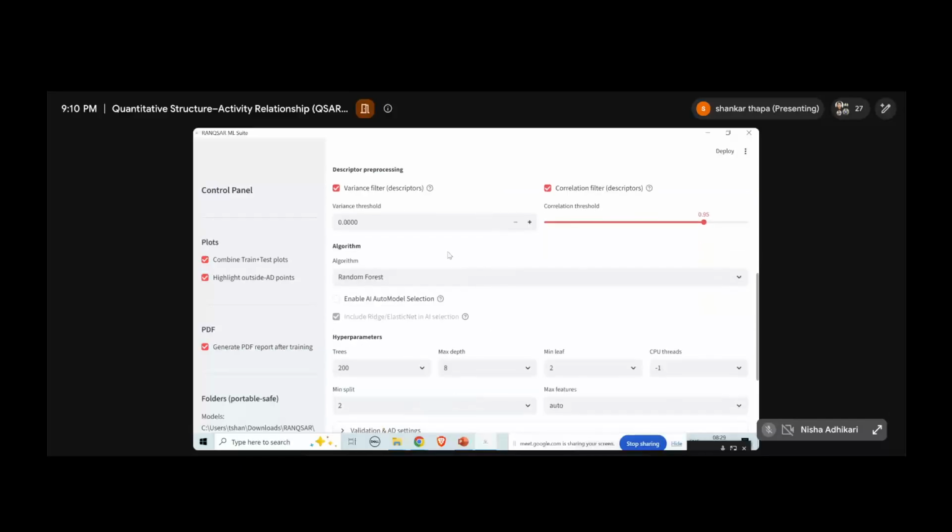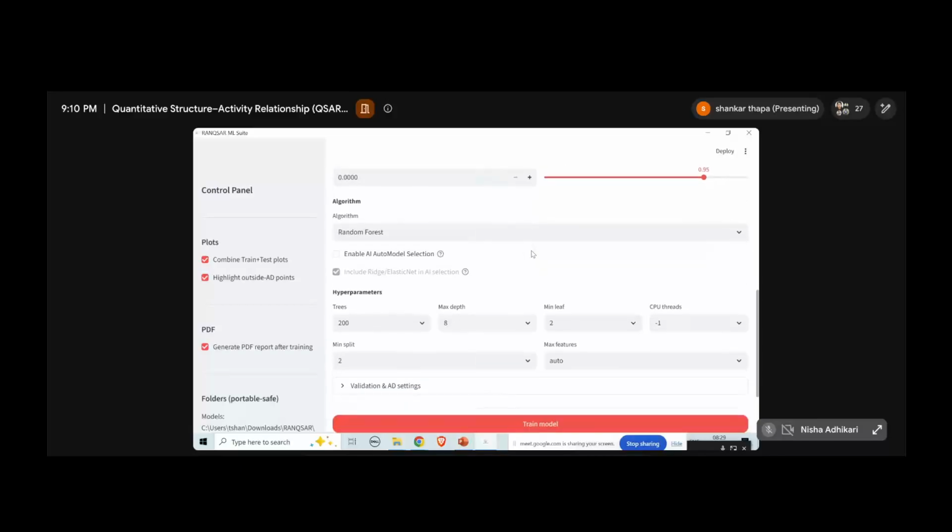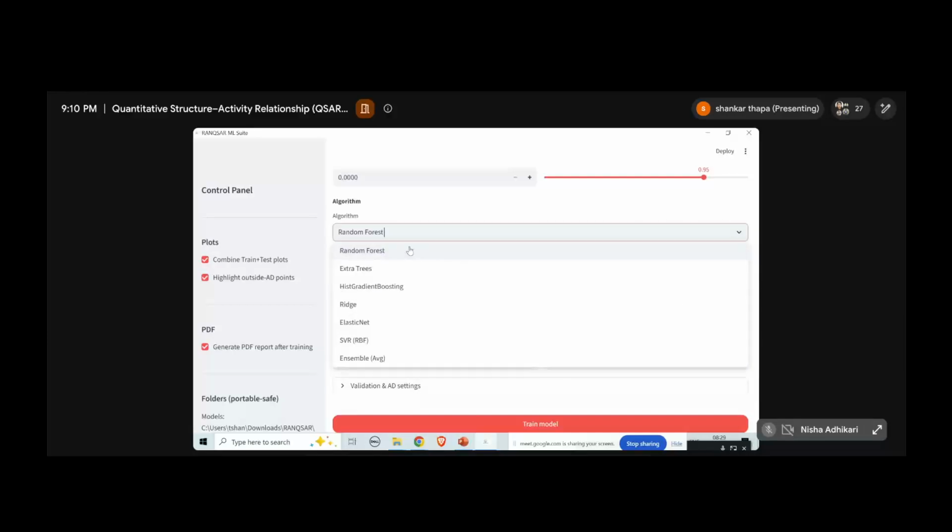Now the algorithms, which I explained before. Here you have options. You can choose the algorithms as per your number of training set and your research methodology, as per your convenience. Random forest is there, extra trees is there, extreme gradient boosting is there, ridge is there, and many other things are also there. You can choose it.